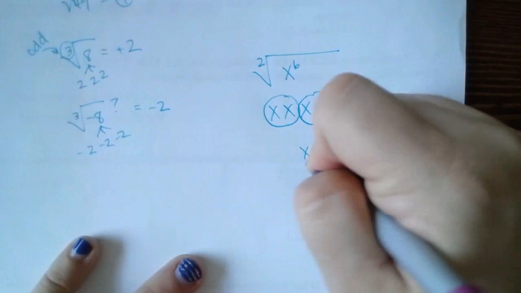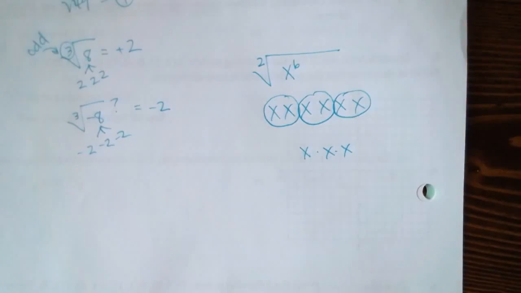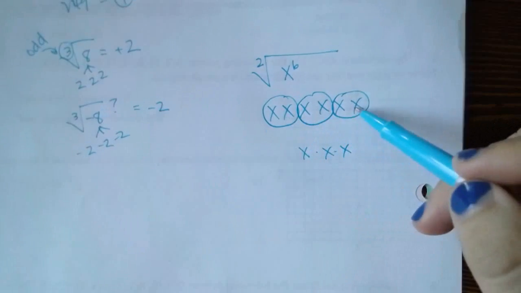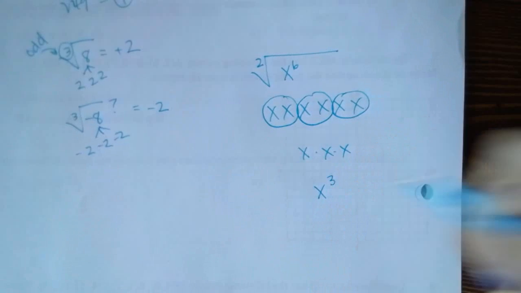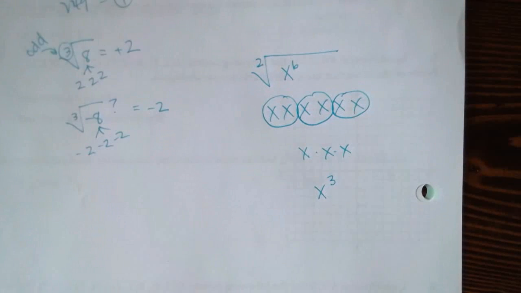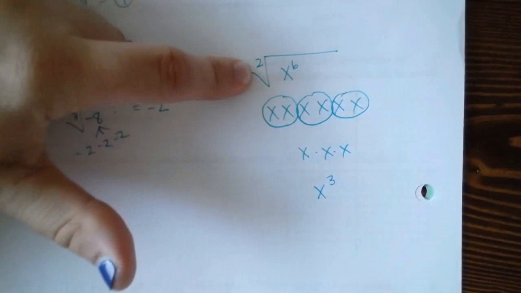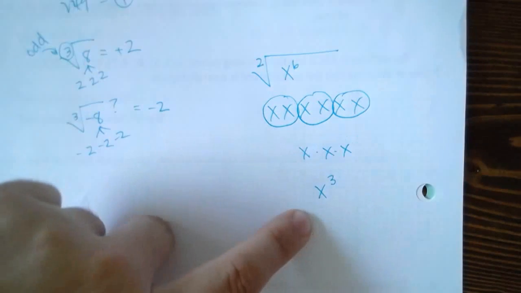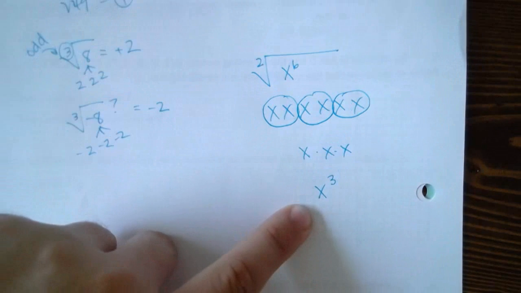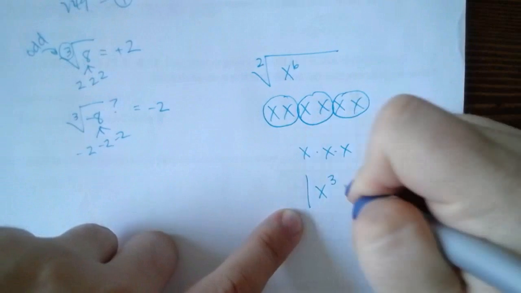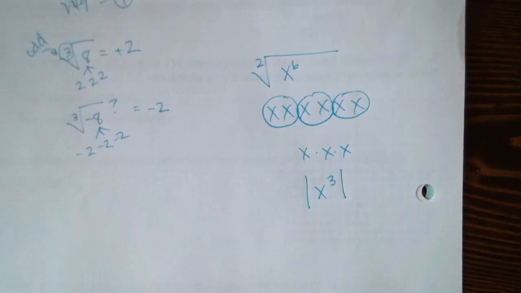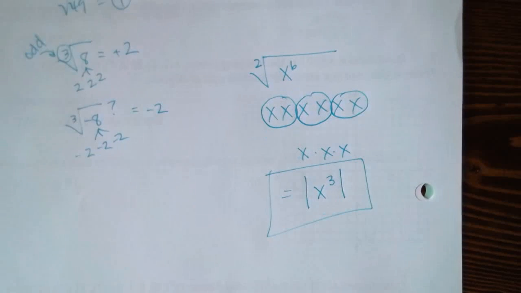That will come out. You don't have to write this step if you don't want to. A lot of people just aren't used to looking at that and calling it x cubed. All right, it's an even index, so it might need an absolute value. Does it have an odd power on the outside? Yes, so I'm going to say yes, it will need absolute values. That would be your answer.